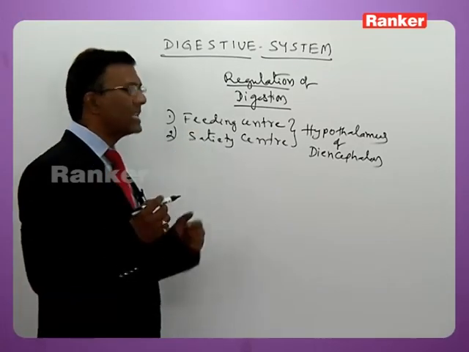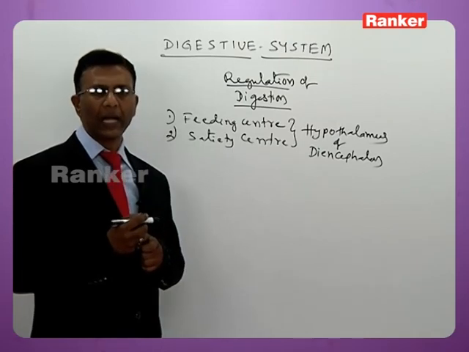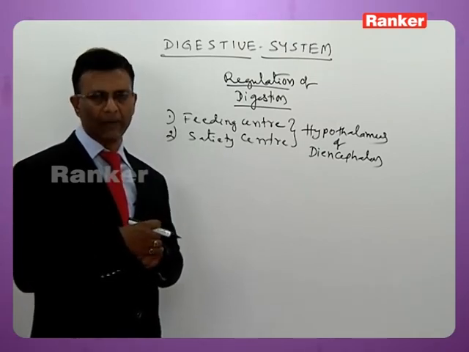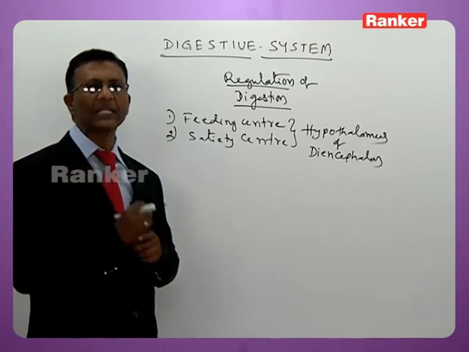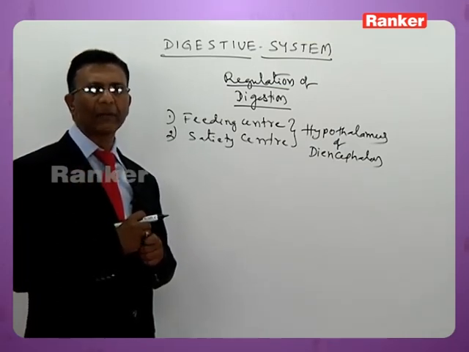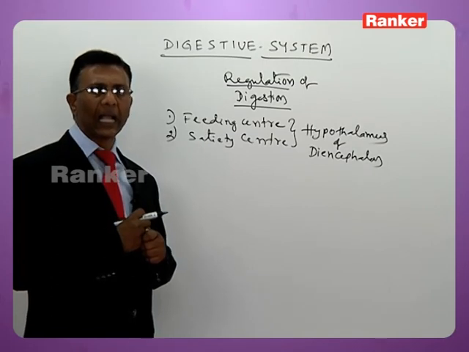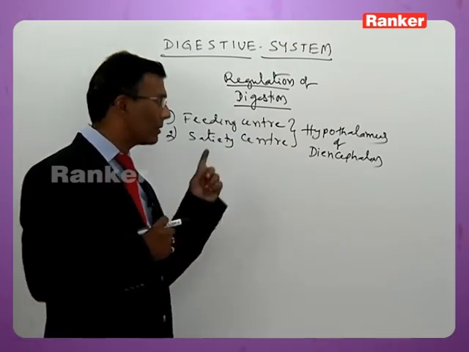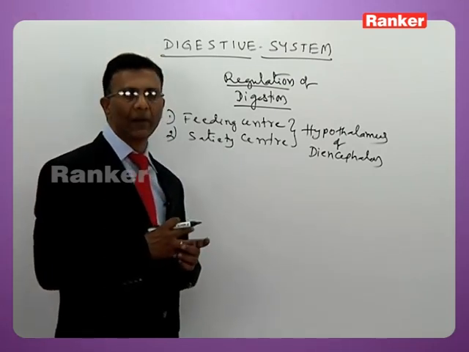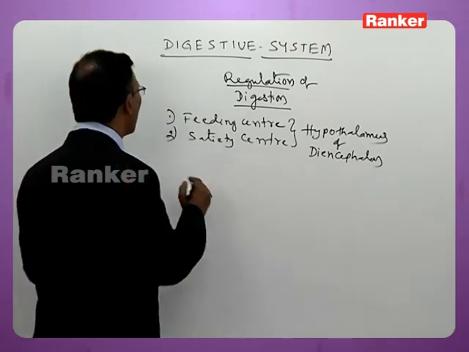That is, whenever the feeding center is activated, the person feels hungry and feels like taking food. Once he takes a sufficient amount of food, that hunger gets suppressed due to the activity of the satiety center.